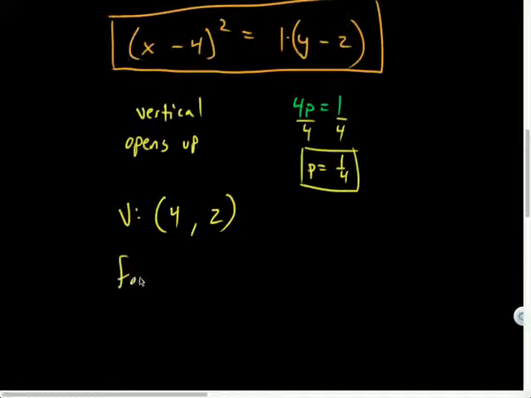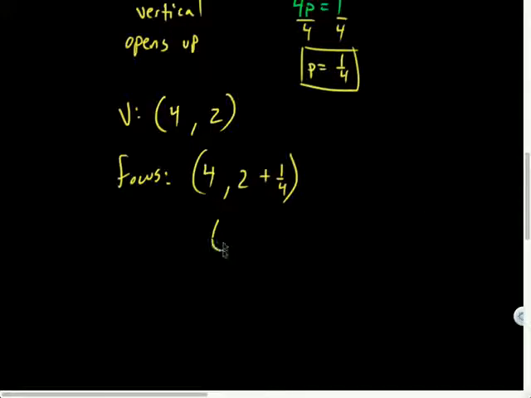My focus: it's vertical, so I'm going to add p to the y-coordinate, y for vertical. So I would have (4, 2 plus 1/4), which simplifies to (4, 2.25) if we leave that as a decimal, or I could write it as 9/4. The axis of symmetry is in line with the orientation of the parabola, so since that's vertical, so is this: x equals a number, the x-coordinate.